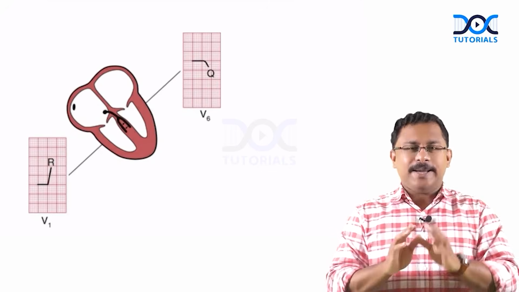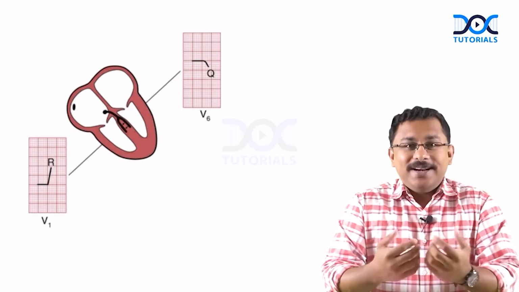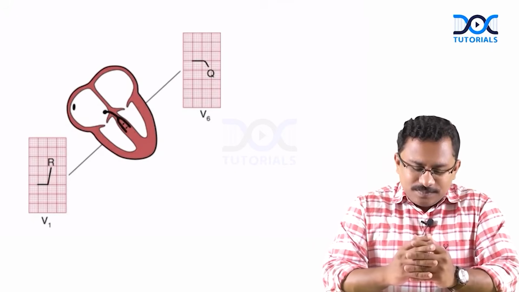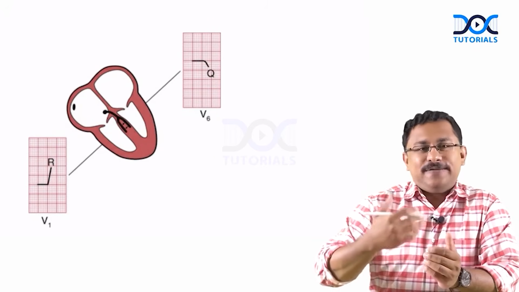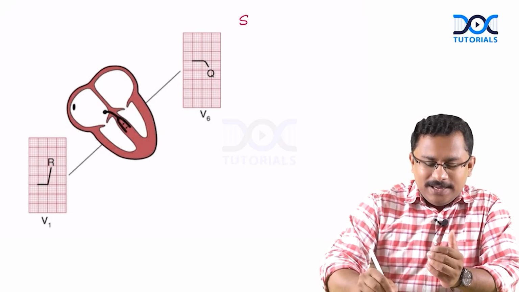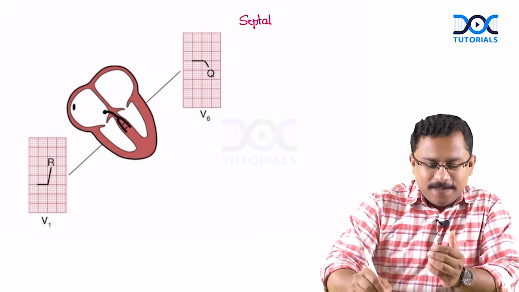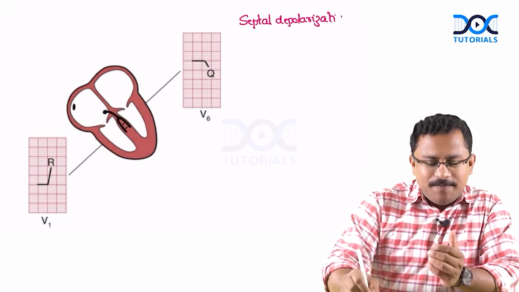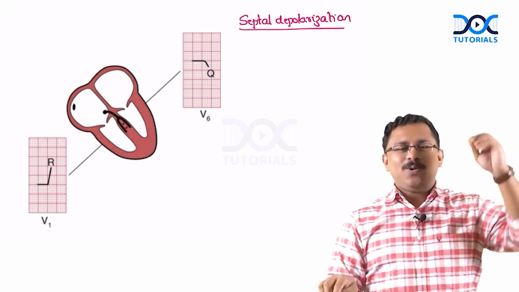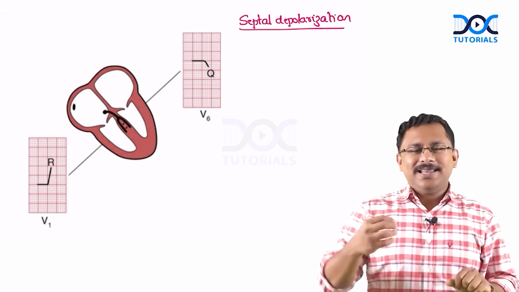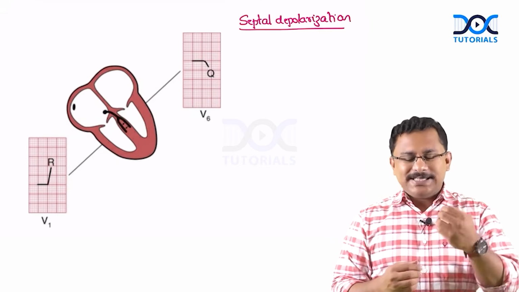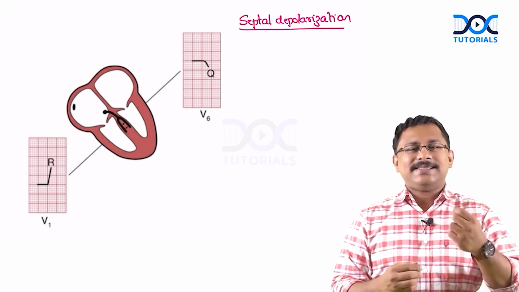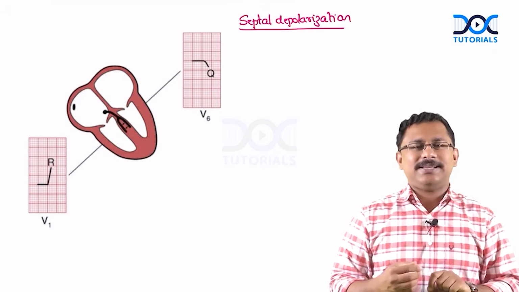See, the first step in ventricular depolarization is a septal depolarization, which means you have the impulse traveling from the SA node through the AV node, then the bundle of His, and reaching the bundle branches.